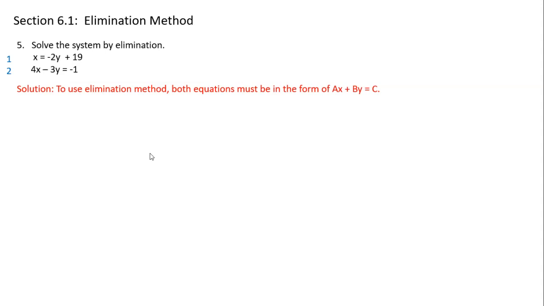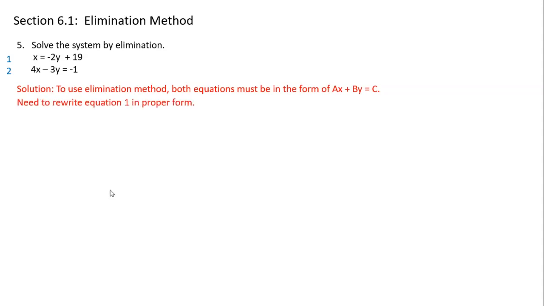But in order for us to do that, both equations have to be in the same form. You see the first equation is in an awkward form. It's just x equals minus 2y plus 19. The other one is in general form, which is the form that we want: 4x minus 3y is equal to negative 1.